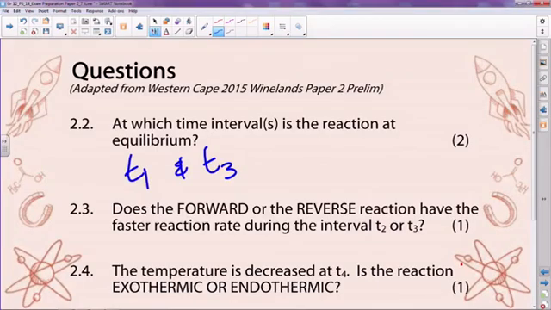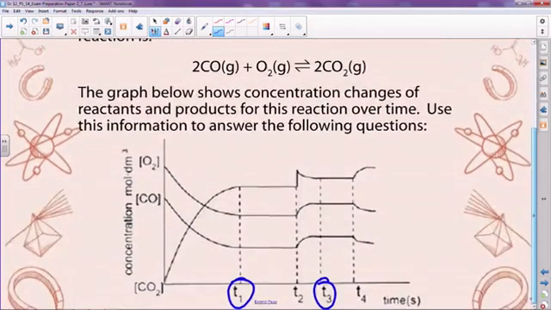Apparently my memo is not working so well today, but that's all right. So T2 and T3, which one has the faster reaction rate? To start off with, it's going to end up being the reverse reaction because I added in CO2. So as the reverse reaction slows down, the forward reaction speeds up.